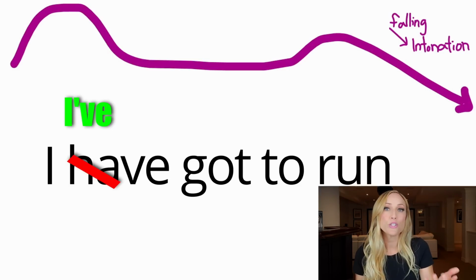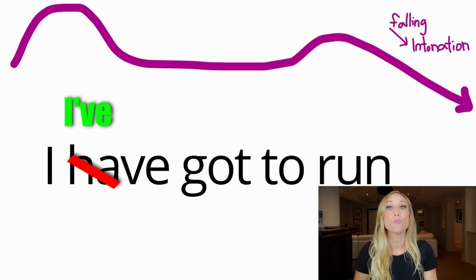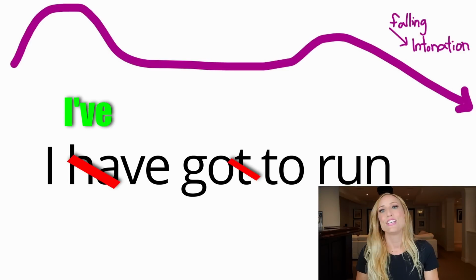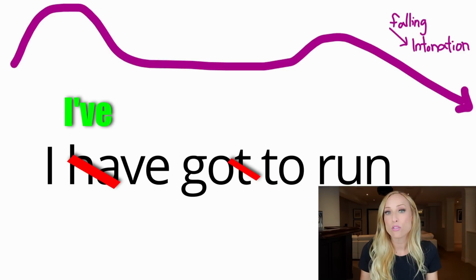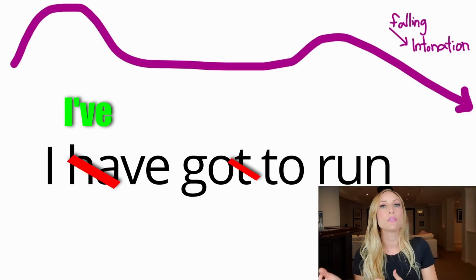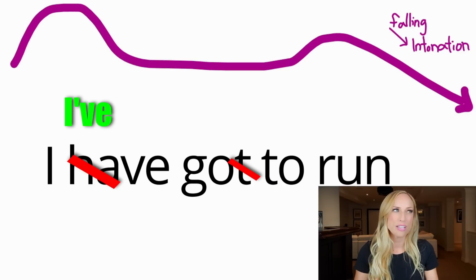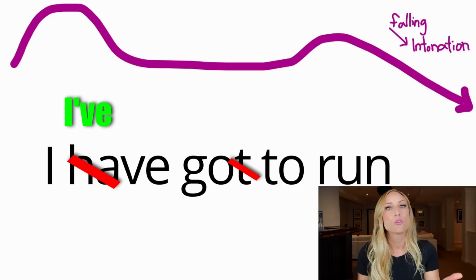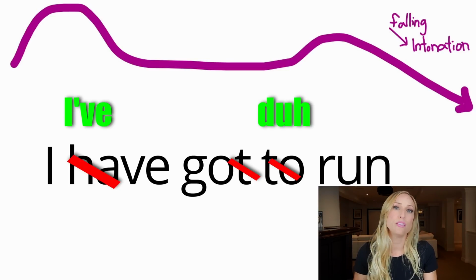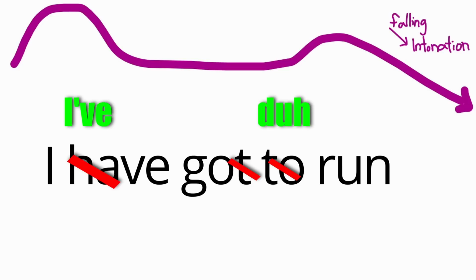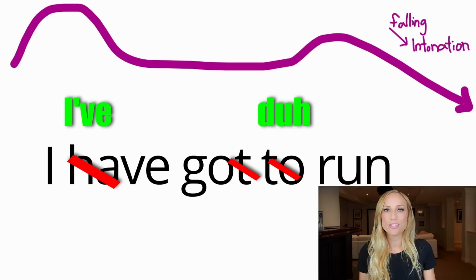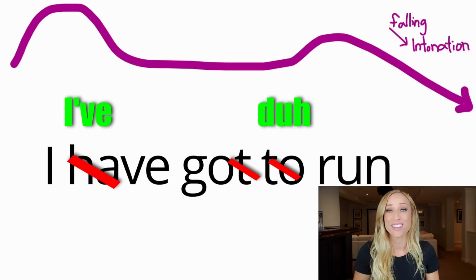First, since there are two T's, they'll be reduced to one. Next, since the T is now surrounded by vowels, it becomes a flap T, which sounds very much like a D. So the word to is reduced to duh. I gotta run. So all those processes together result in gotta.